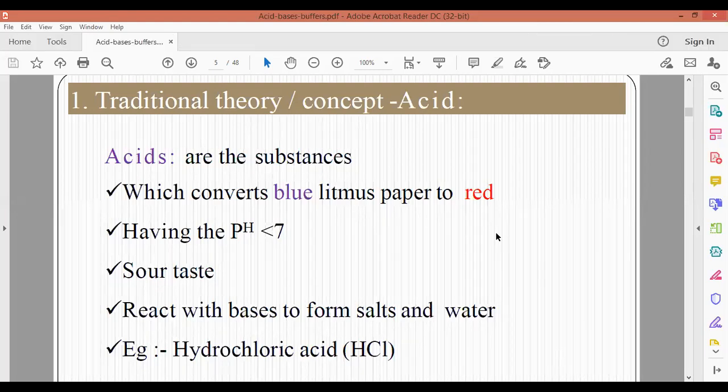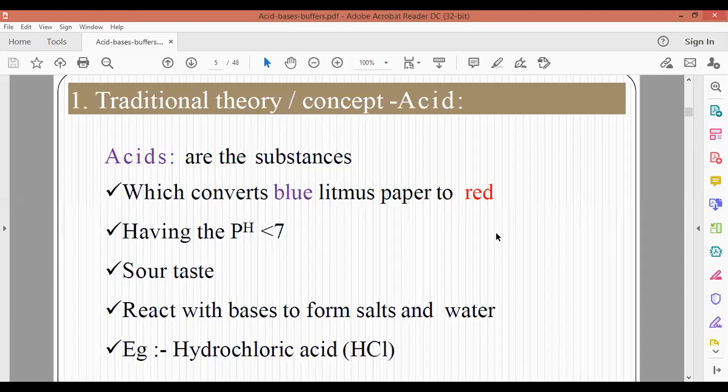Then another one: it has a pH less than 7. What is meant by pH? Power of hydrogen. Compounds which show a pH less than 7, those solutions are acidic solutions, and those compounds act as an acid. They also have a sour taste.